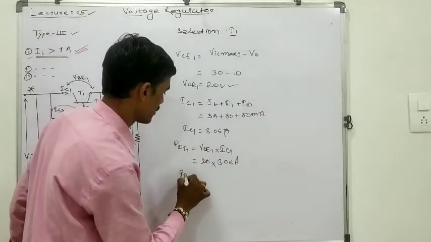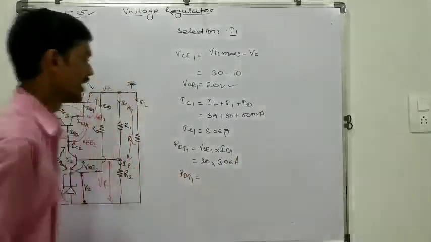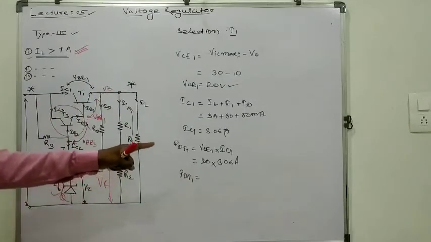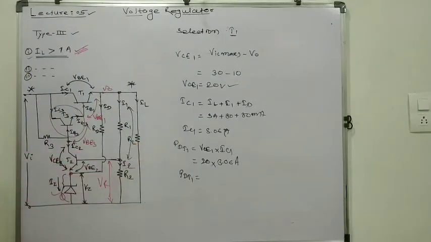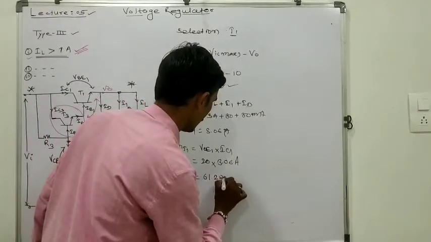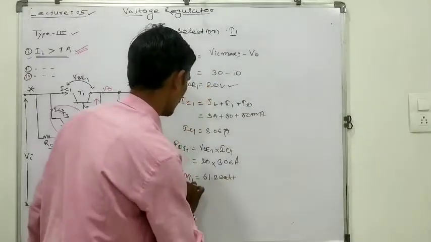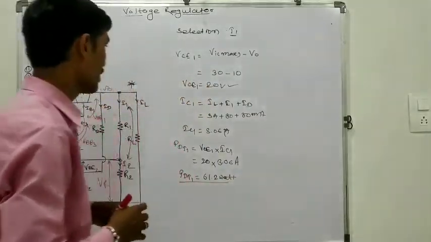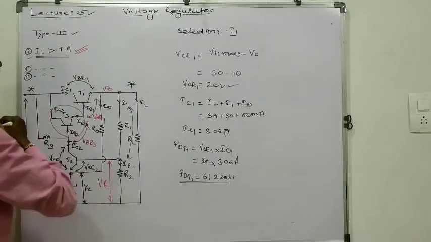So power dissipation is 20 multiplied by 3.06 ampere, which ultimately is equal to 61.2 watt. This is what our power transistor needs to handle.